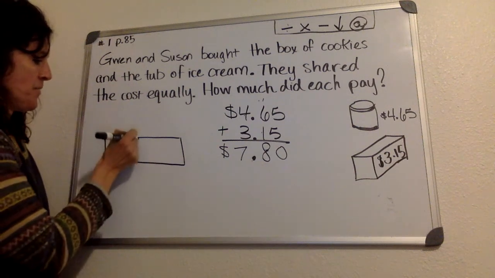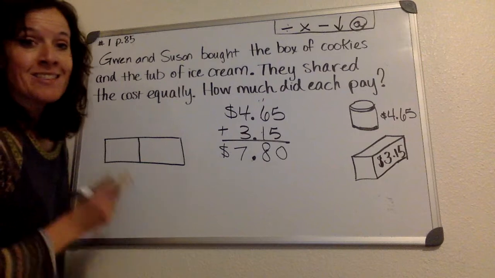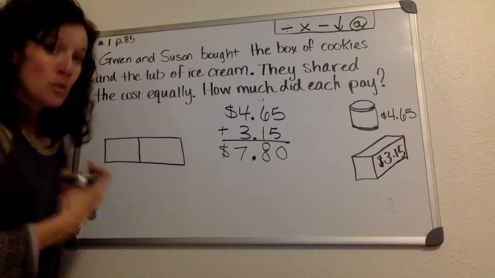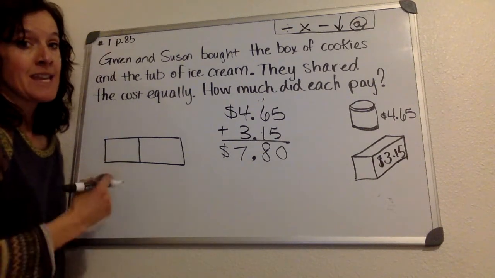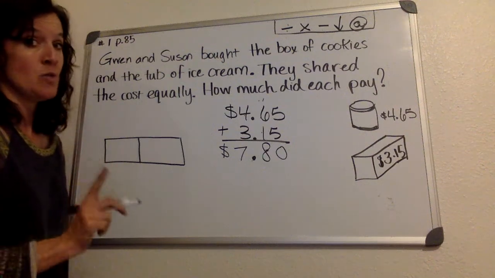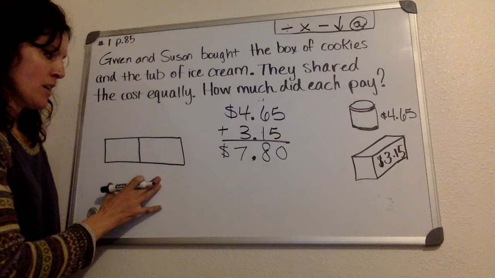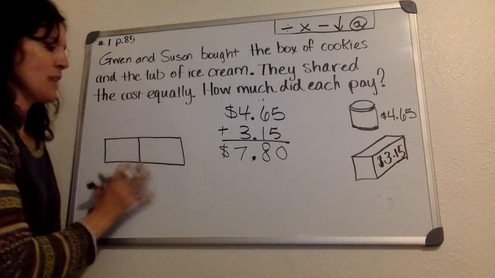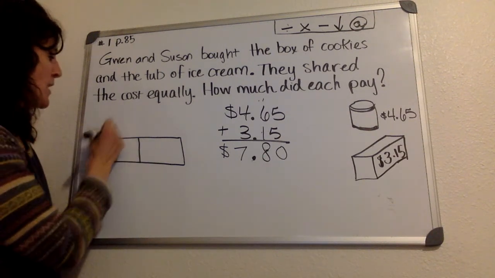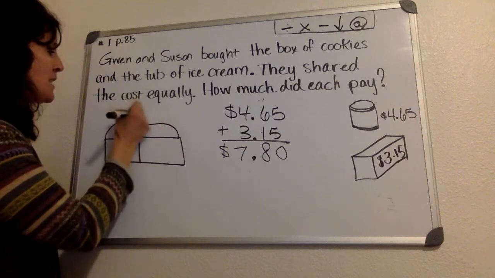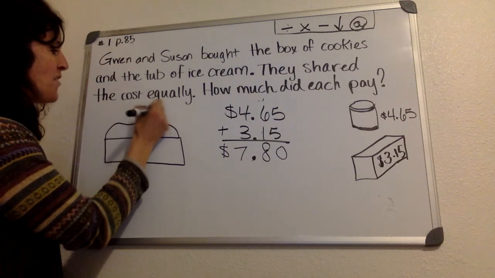I'm going to do it this way. Remember, for math, there's a lot of different ways that you can get to the answer, but there's always only one right answer. So there's different ways for this one and for the bar model, but this is what I'm going to do. This right here is how much they spent all together at the store.